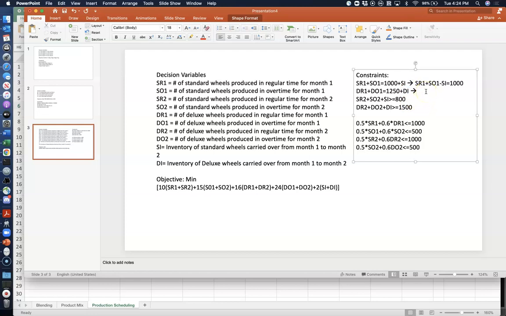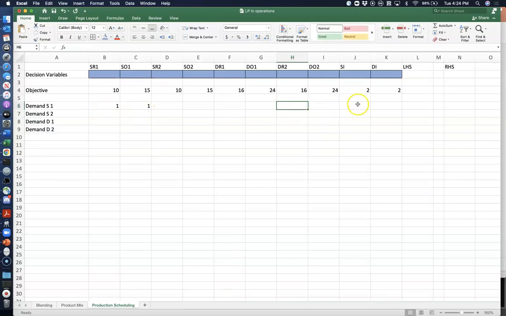Right. Similarly, we'll say DR1 plus DO1 minus DI equal to 1250. So that's how I'm going to rewrite the first 2 constraints, and that's how I'm going to put them here. So SR1 plus SO1 minus SI equal to 1000. Similarly, DR1 plus DO1 minus DI.